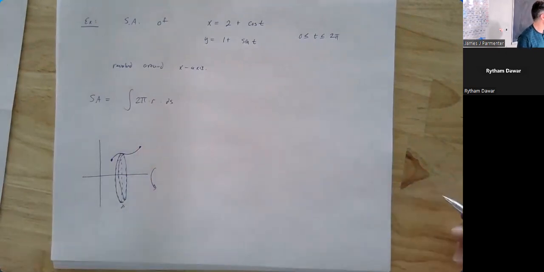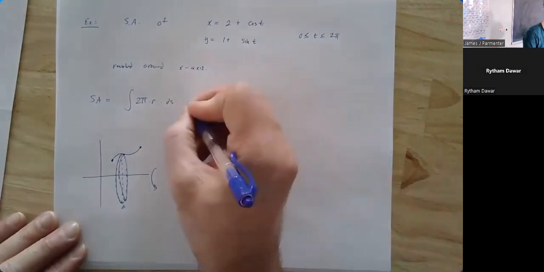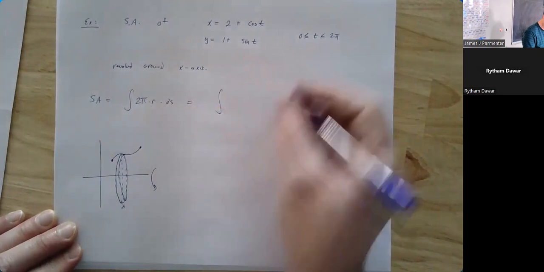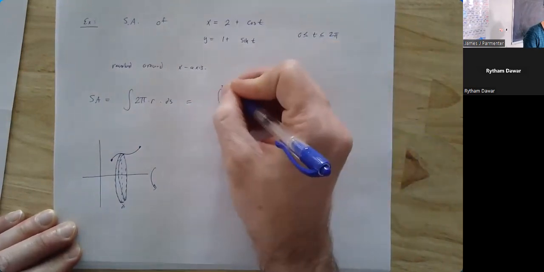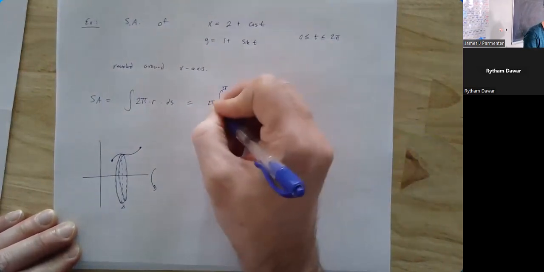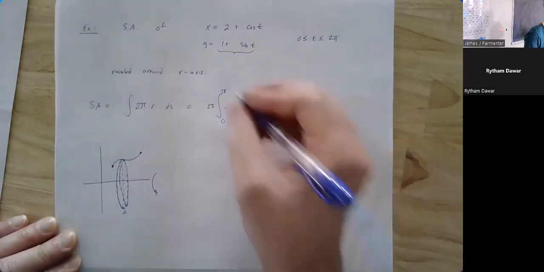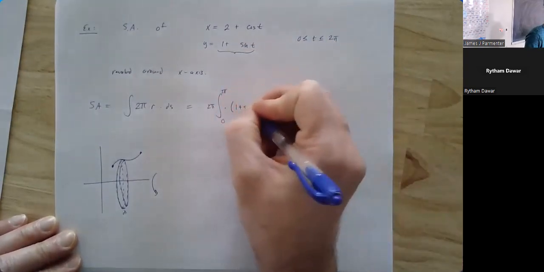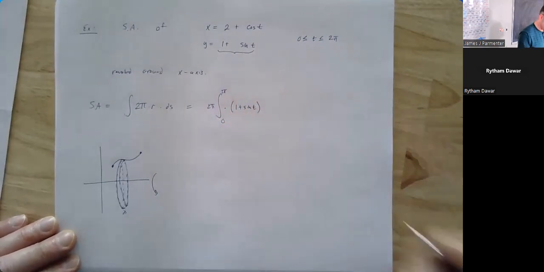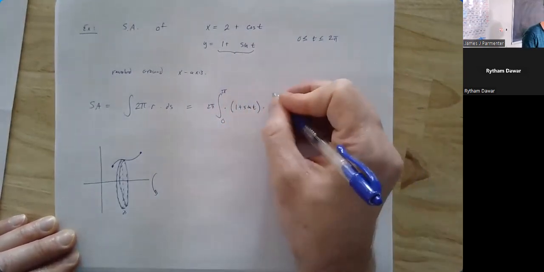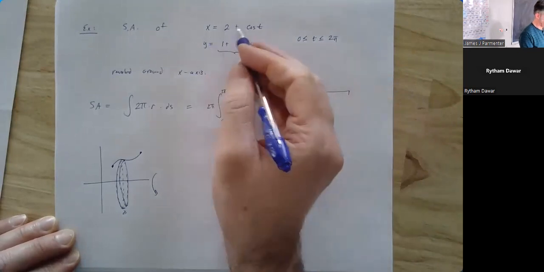Okay, so what's my radius? Y. Definitely y. So here it's going to be the integral from 0 to 2 pi of 2 pi times y times my ds, which is the square root of dx dt squared plus dy dt squared dt.